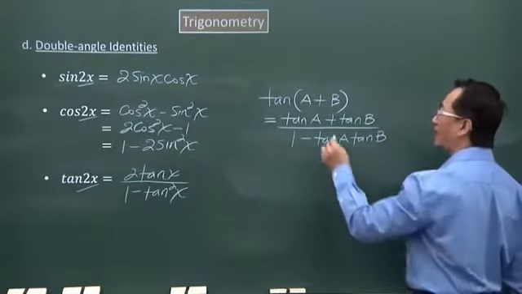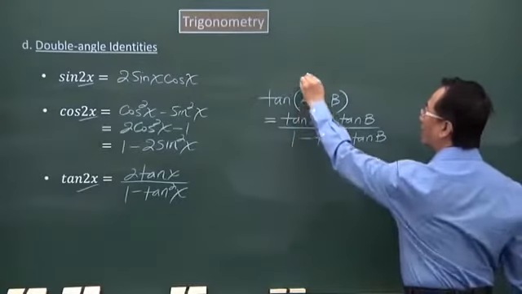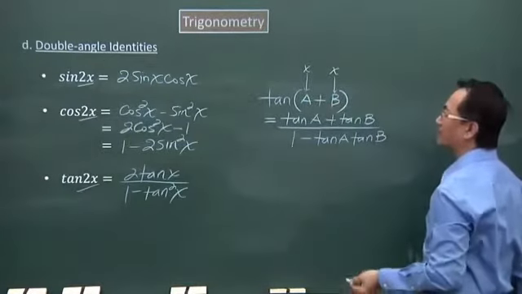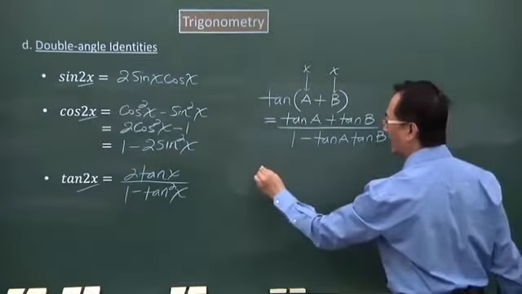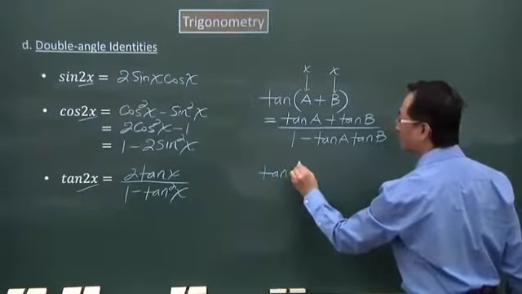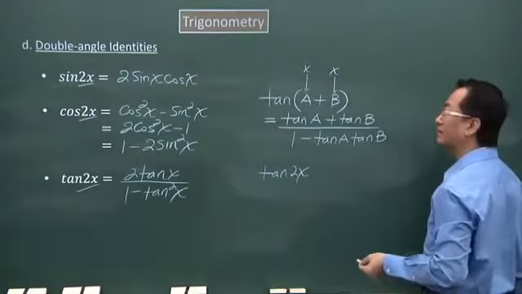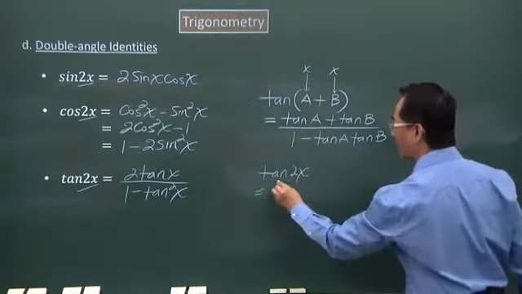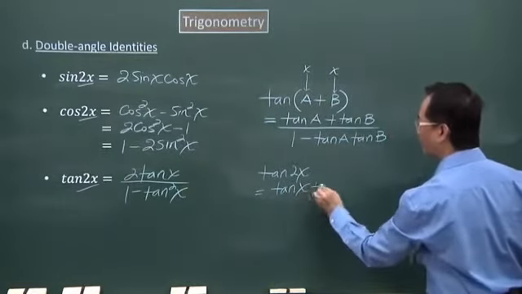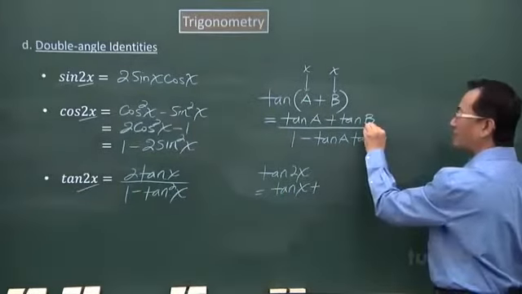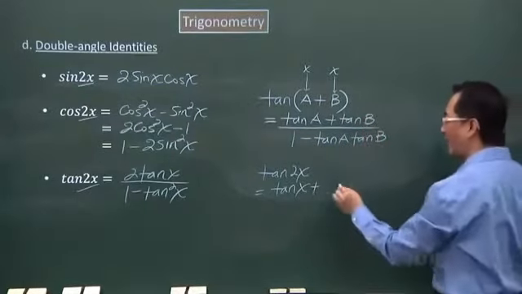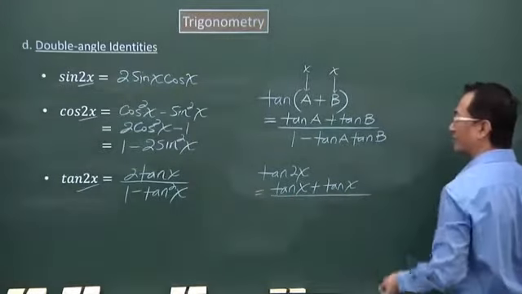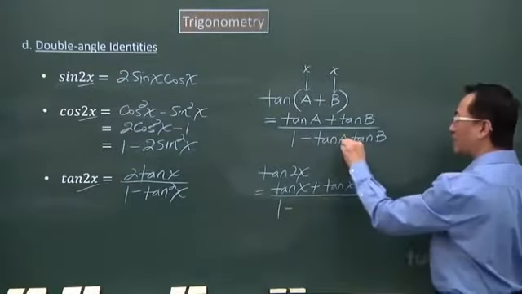So what it means is that when a is x and when b is also x, this is what we're going to get: tangent 2x. And this a is replaced by the x. I have tangent x plus tangent b. The b is replaced by x, so I have tangent x. So I'll do the same replacement here.